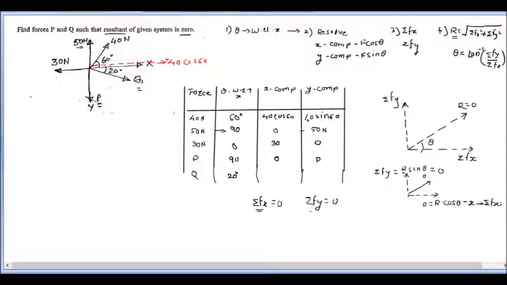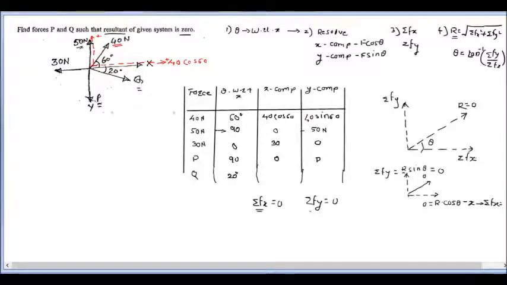Now the sine of 60, it means what? This is its y component, and this y component is for this force 40 Newton. So that y component will be 40 sine of 60, and it is acting along the positive direction of the y axis. So that's why the sign convention here will be positive.